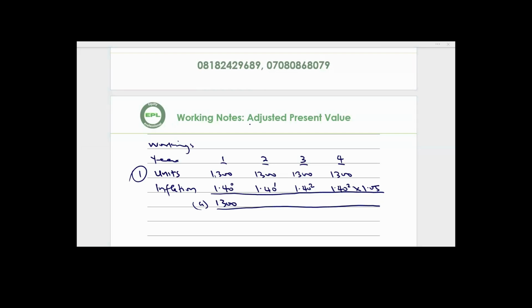Okay, 1,820. 1,820 multiplied by 1.4, that is 1,300 multiplied by 1.4 raised to power 2, gives 2,548. That answer you have in your calculator, 2,548, or whatever you have in the calculator, multiplied by 1.05. What do you get?